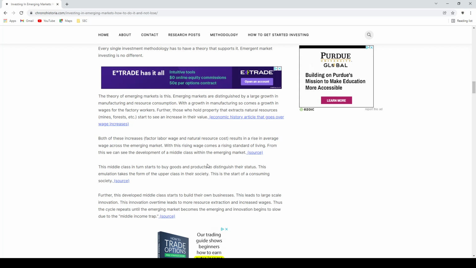And then further, this developed middle class, this fledgling middle class, starts to build their own businesses, right? So they're trying to further increase their growth, which further increases the GDP, the local value of the community, etc. This leads to large-scale innovation. Basically, businesses are building on top of each other, left and right, and this increases GDP massively.